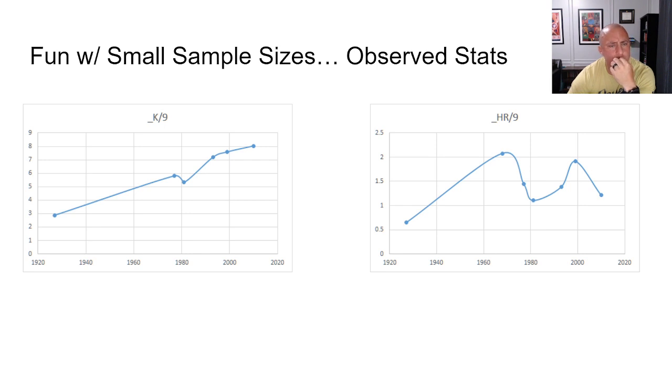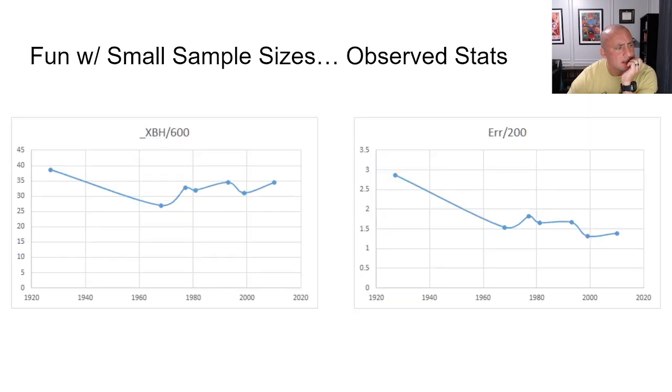Like we go from just a little less than 3 to all the way up to about 8. Yeah. Ks per 9.